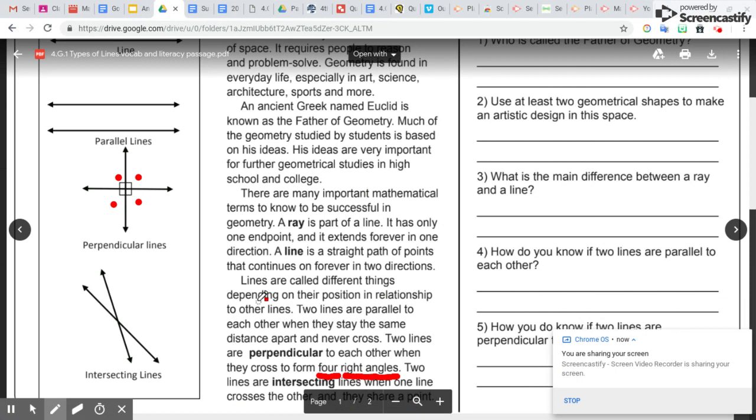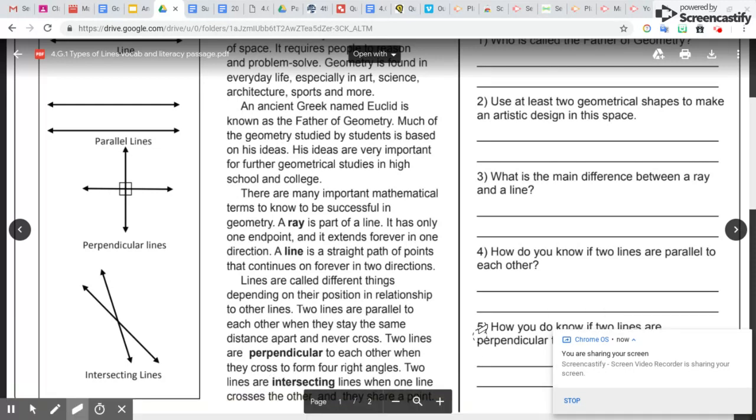It does. So that is important. You want to know about perpendicular lines. Parallel lines never cross. Perpendicular lines do cross, but they form four right angles. And we know what right angles are. They measure what? 90 degrees. You guys are smart.